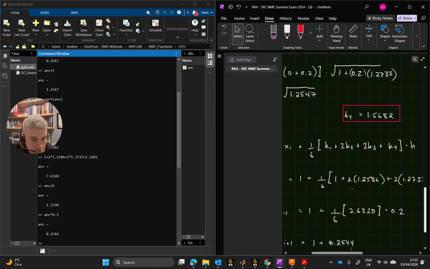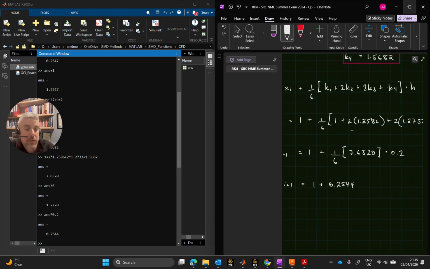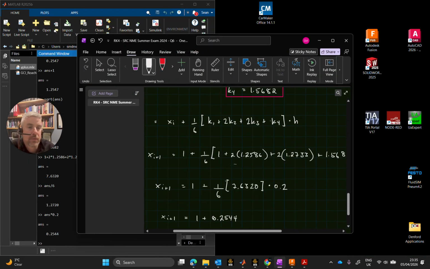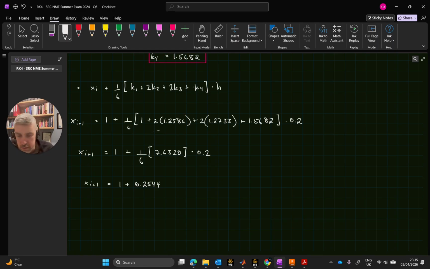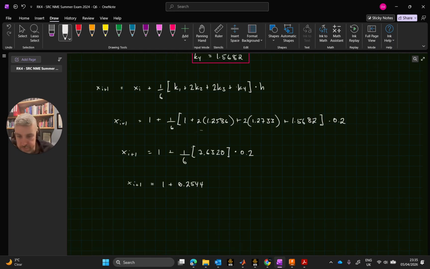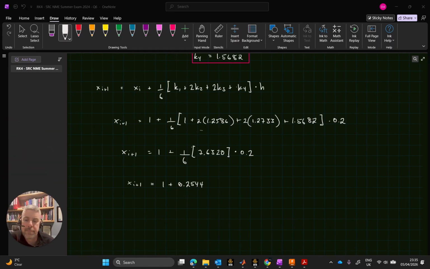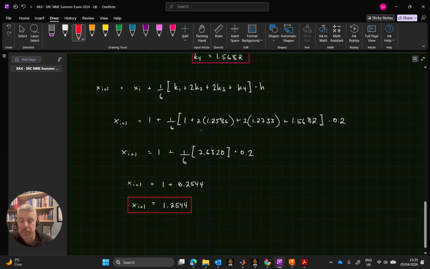I add 1 onto that, which I should be able to do without MATLAB open to the left. x of i plus 1 is equal to 1.2544. So that's my solution at the next time step.